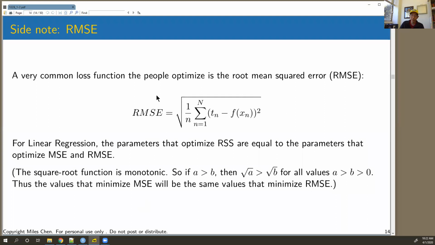Root mean squared error takes the square root of it, so your units will be back in centimeters. But anyway, the values that minimize mean squared error are the same values that minimize root mean squared error. So a lot of times you hear about RMSE, and that's just what this is.